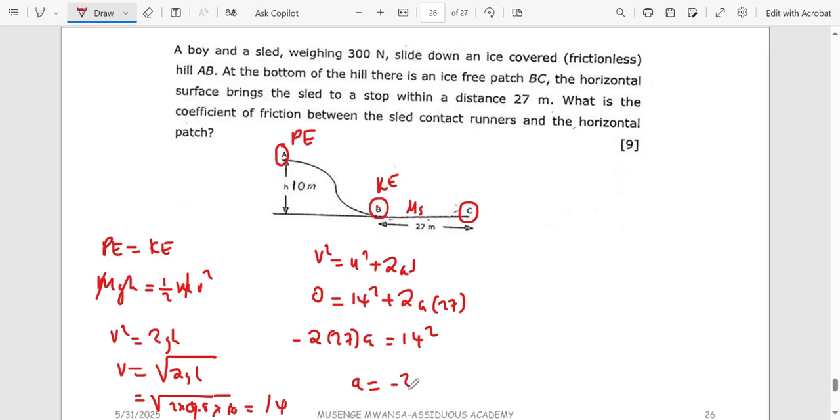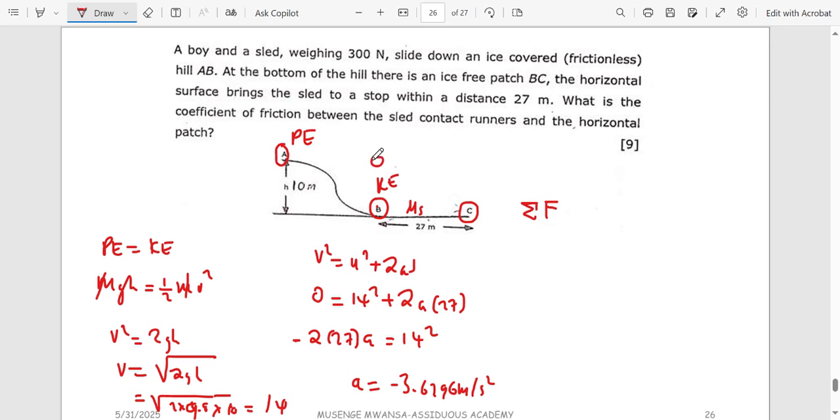That is a negative 3.6296 meters per second squared. Having found the acceleration or the deceleration, now using Newton's second law, we know net force.